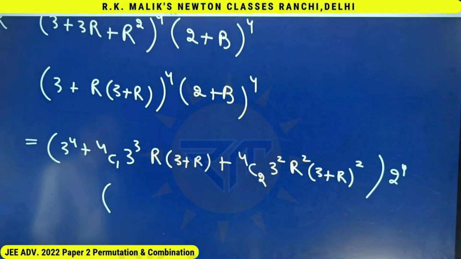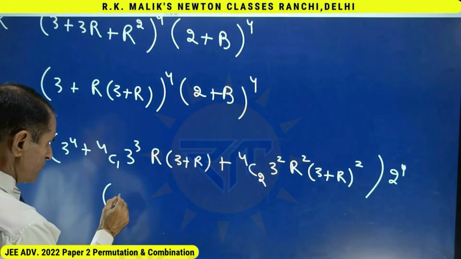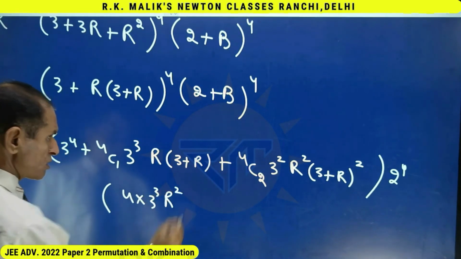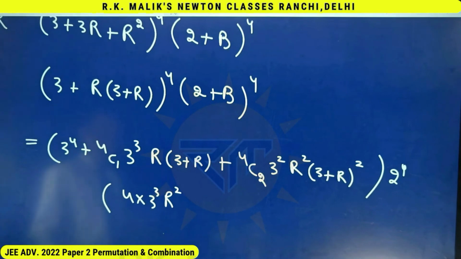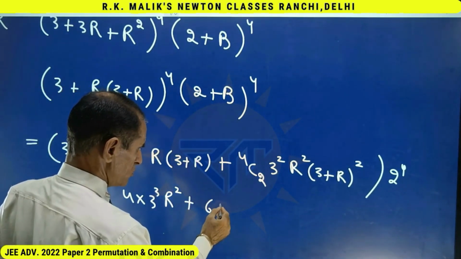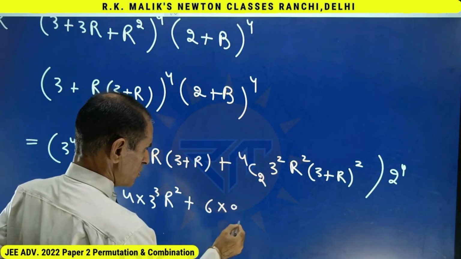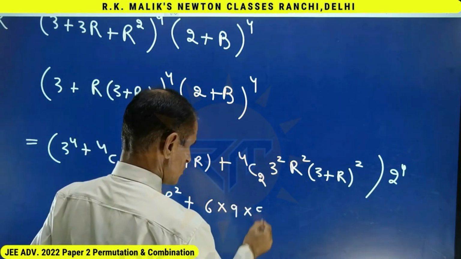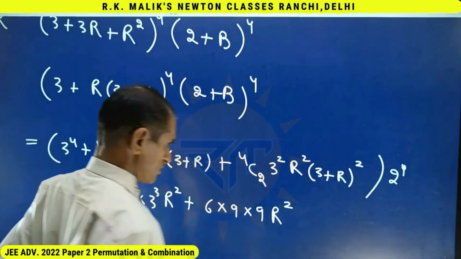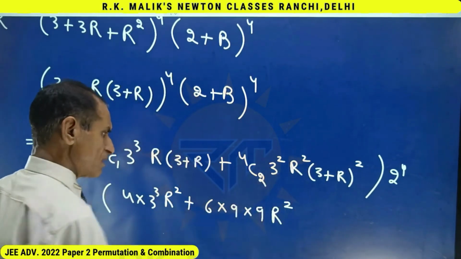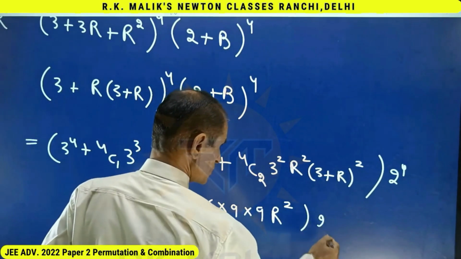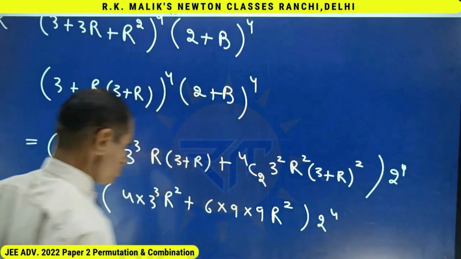And the term r square will be 4 into 3 cube into r square plus 6 into 9 into 9 r square. Remaining all terms are useless and outside is 2 to the power 4.